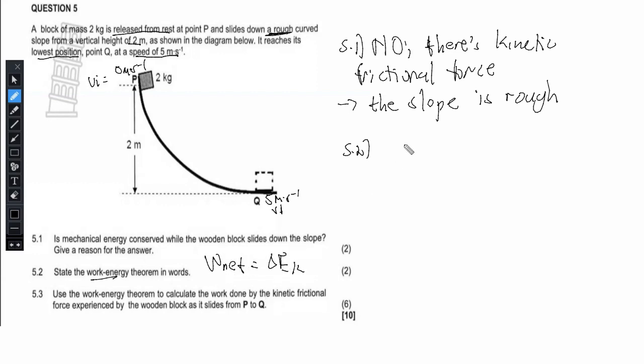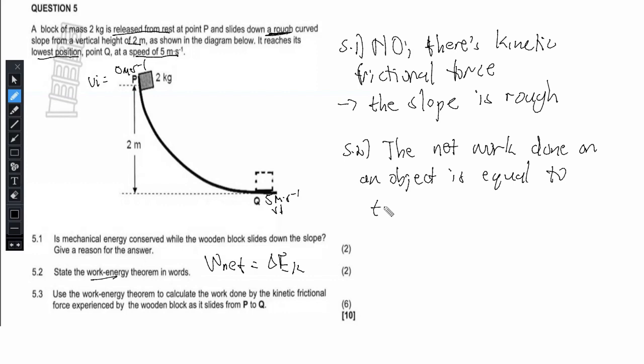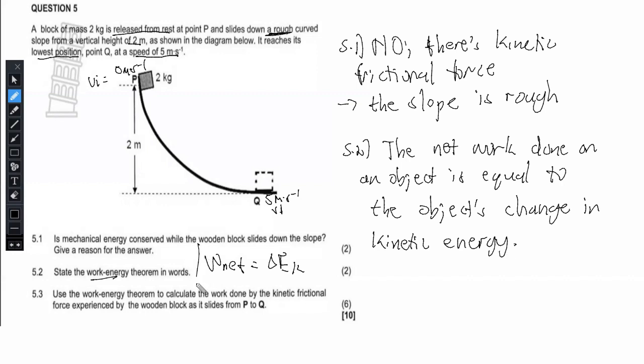Now you can easily state it and say this means that the net work done on an object is equal to the object's change in kinetic energy. Right. So whenever you forget it, just write the formula there, and then you'll be able to remember the definition.